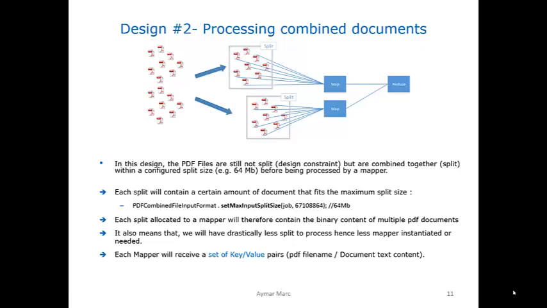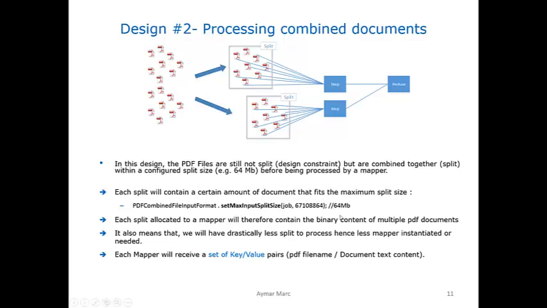In this design, the PDFs are still not split, but they are combined together up to a configured split size. Once the split size is reached, the split is sent to a map. There is a parameter provided by Hadoop where we can configure this split size.